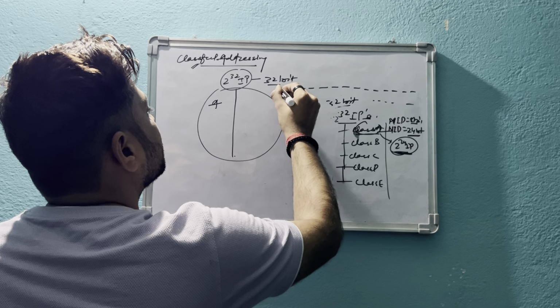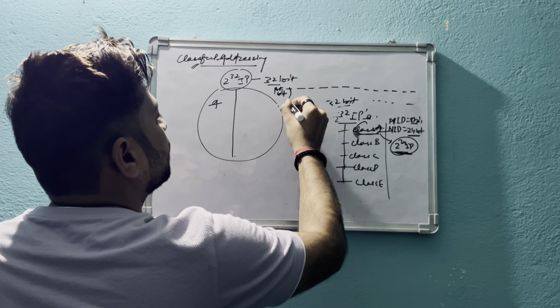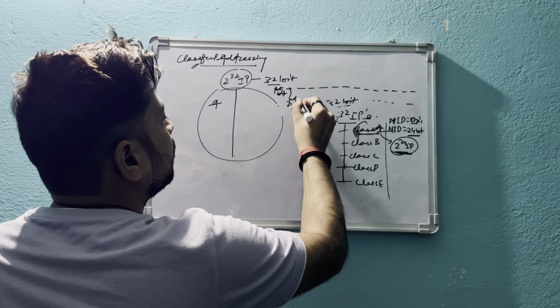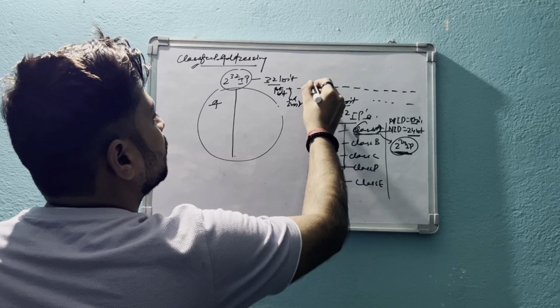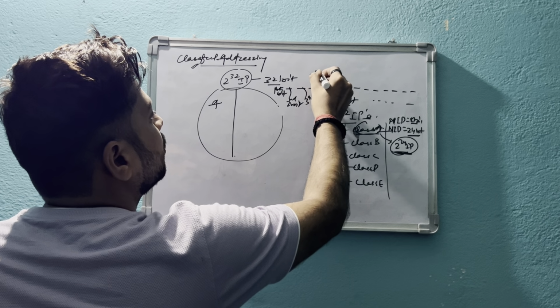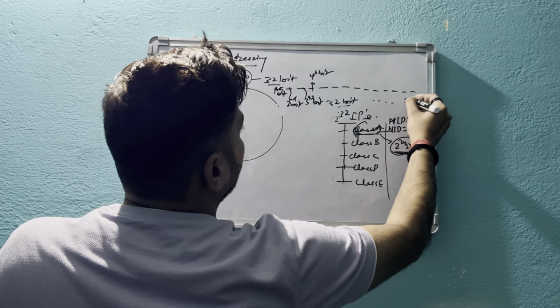So let's say this is the first bit. This represents the second bit. This represents the third bit. This represents the fourth bit. And similarly it goes on, and this represents the 32nd bit.